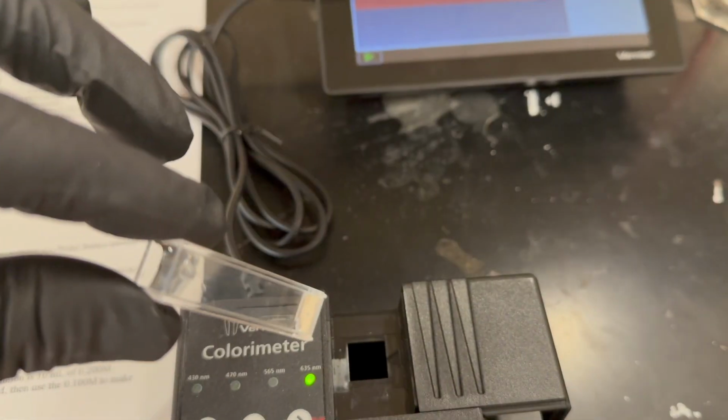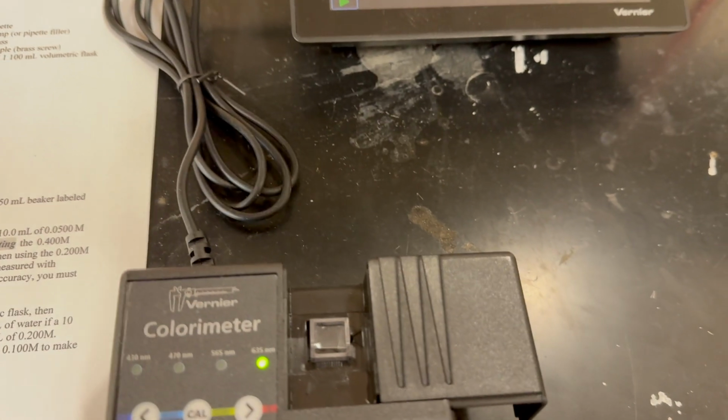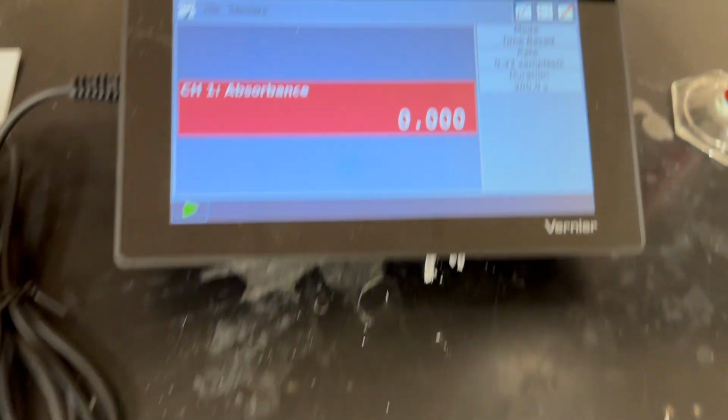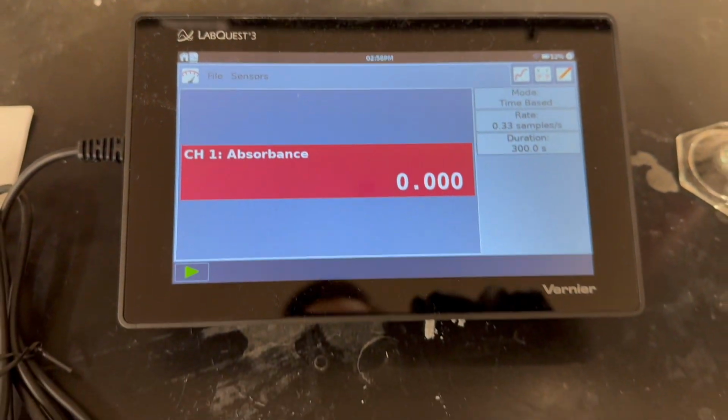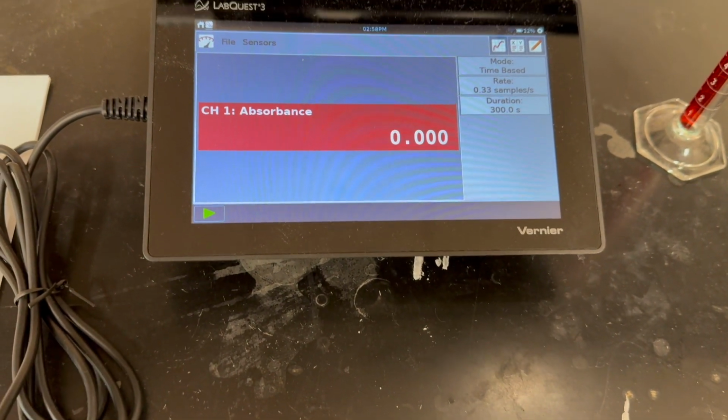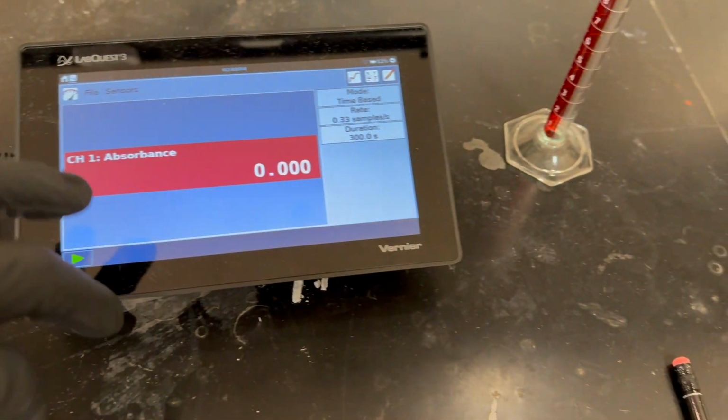Make sure that the clear sides of the cuvette are lined up with the path of the light. Splendid. So of course the water has no absorbance.